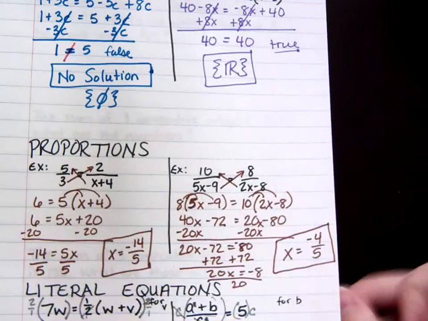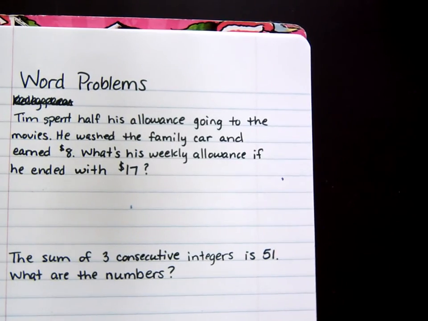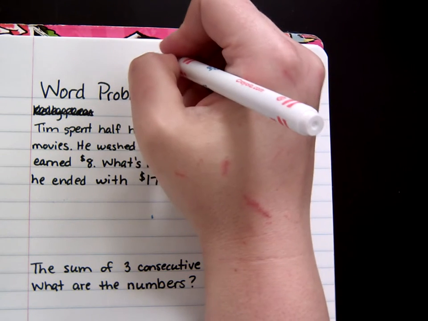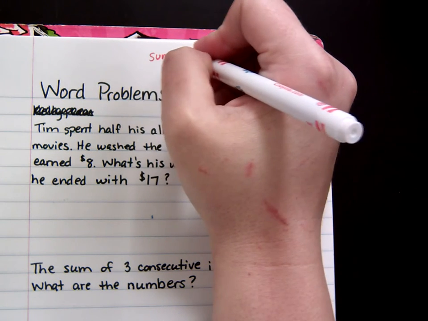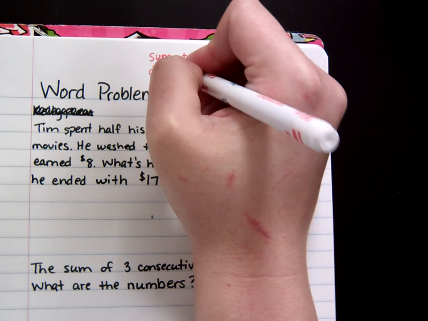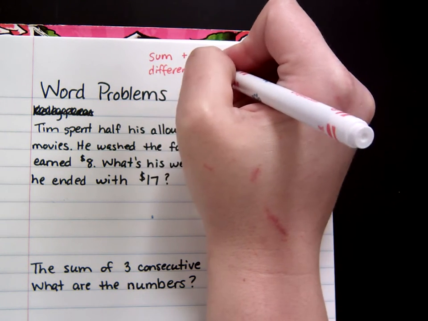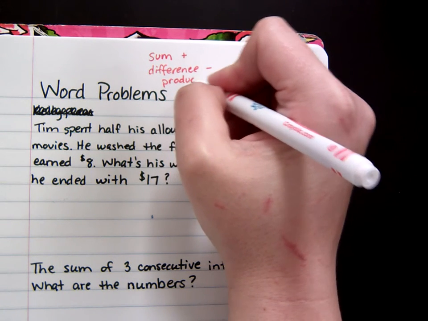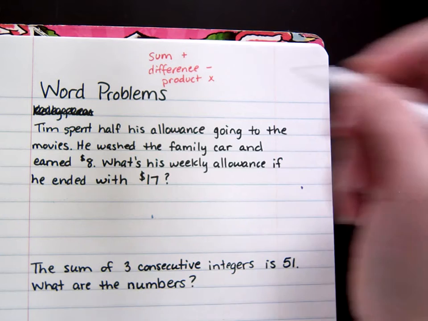Alright, so word problems is the last thing we're going to recap. When you're doing word problems, pay attention to just key words. Like you might see sum, which means you add. You might see the word difference, which means subtract. You might see the word product, which is multiply, or quotient, which is divide.